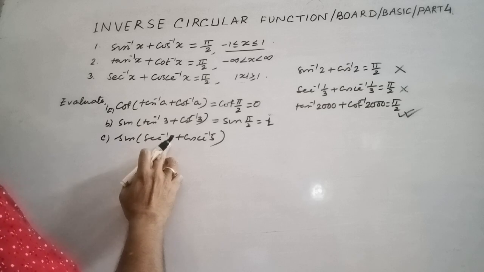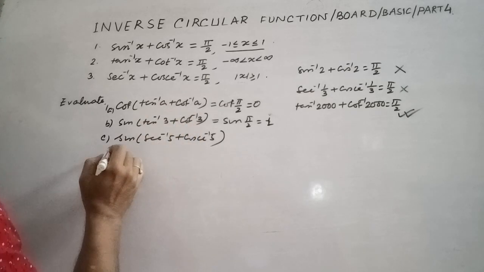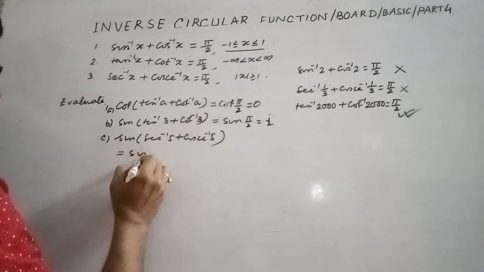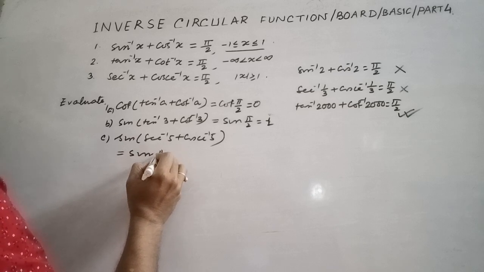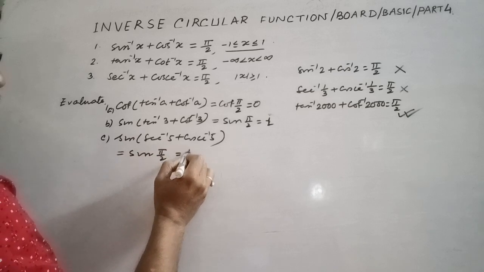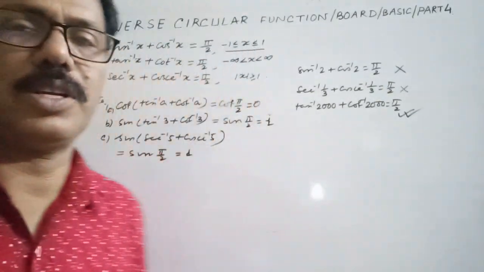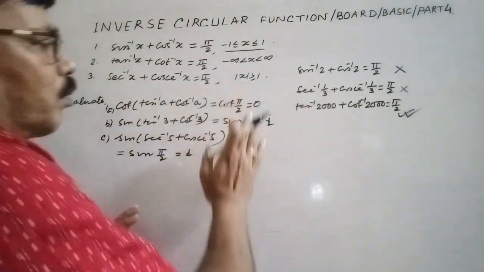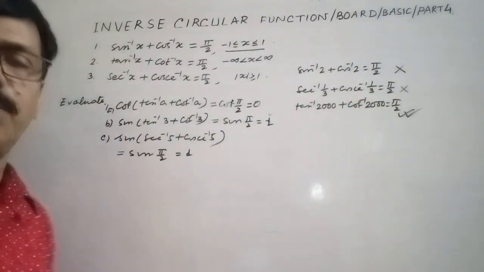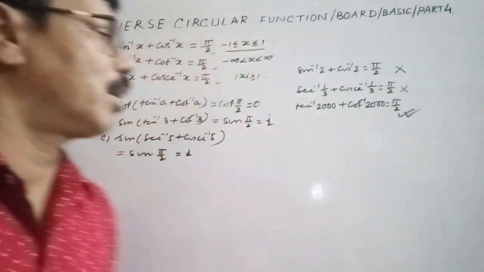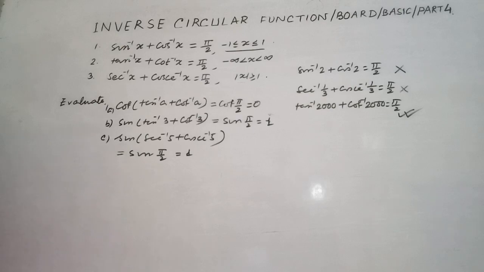Here x equals 5, greater than 1, so it is defined. Sec inverse plus cosec inverse is again pi by 2, so sin pi by 2 is 1. These are only 1 mark or MCQ type problems, but most important for boards.